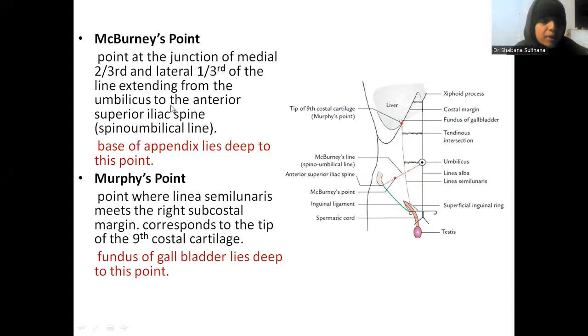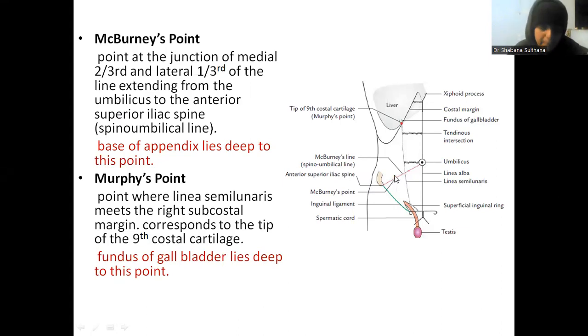So what is this point? This is the umbilicus region and this is the anterior superior iliac spine. You draw one line from the anterior superior iliac spine to the umbilicus. The junction of medial 2/3 and lateral 1/3: this is medial 2/3 and this is lateral 1/3. At this junction, if you press, you will see the patient wince with pain.